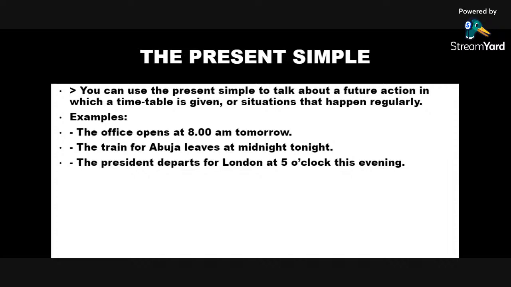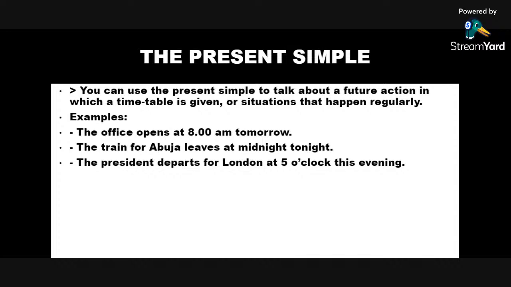But then there is something that is already scheduled, and anything that has to do with a flight, of course, you expect the president to take a flight to London. Flights are always scheduled, and there is a time for a flight to depart. Okay, so these are things you can talk about using the simple present.